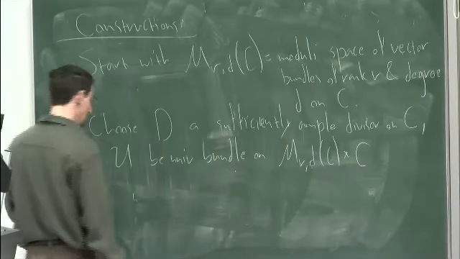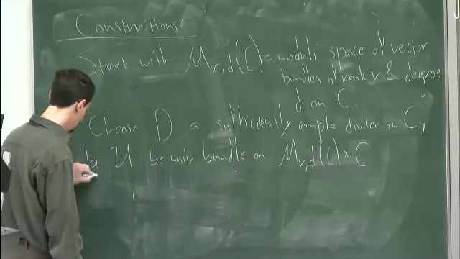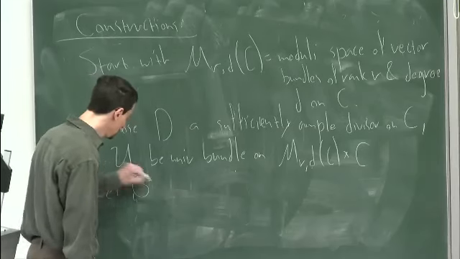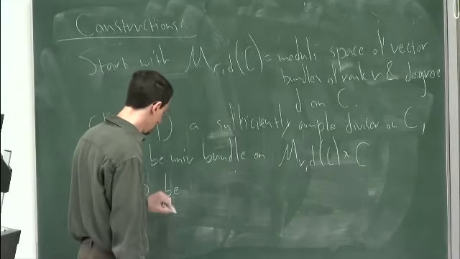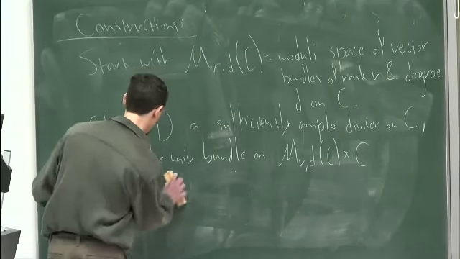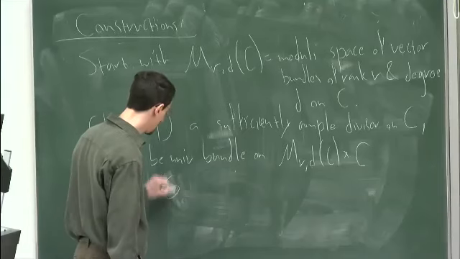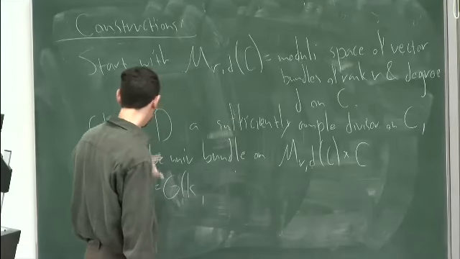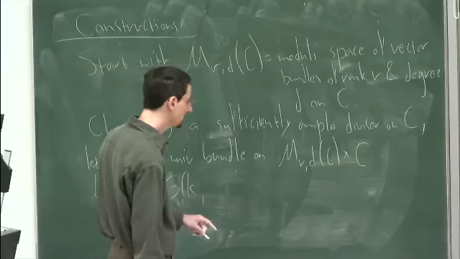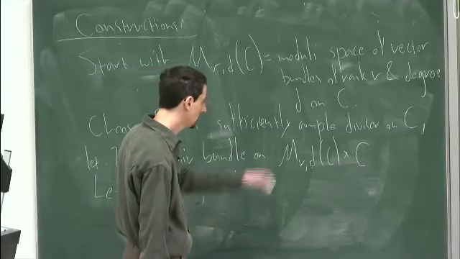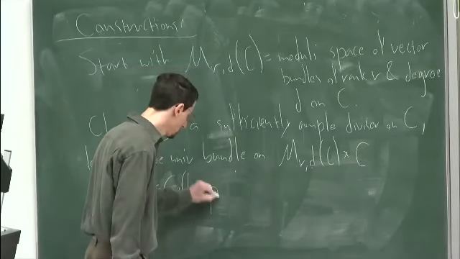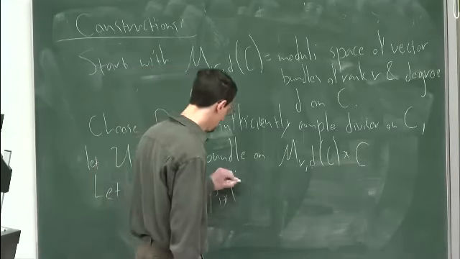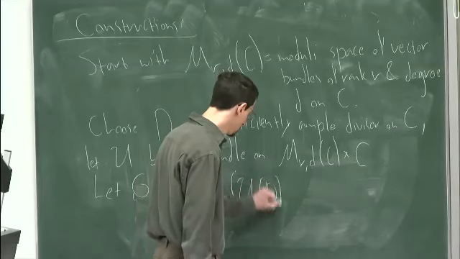Then let G be, well, I'll just say what it is. It's the relative Grassmannian of G, K, and what we're going to do is twist U up by D and then push it forward down to M. So p1 lower star of U twisted up by D.